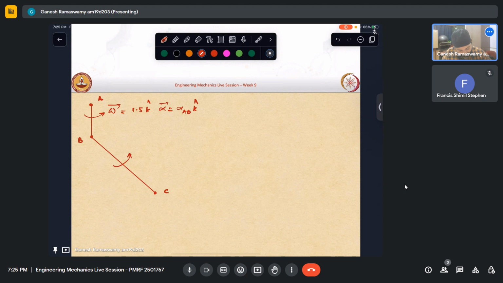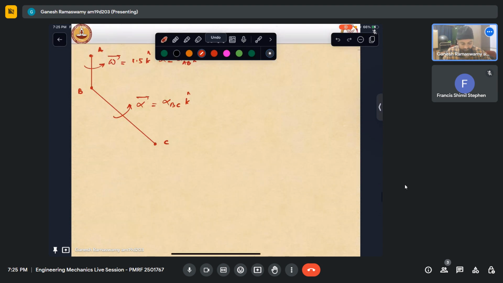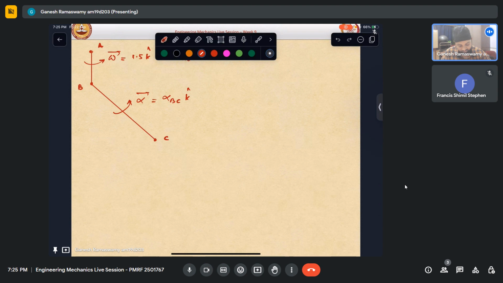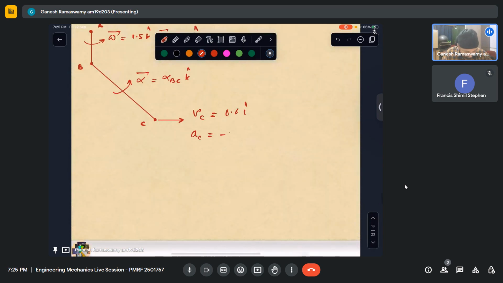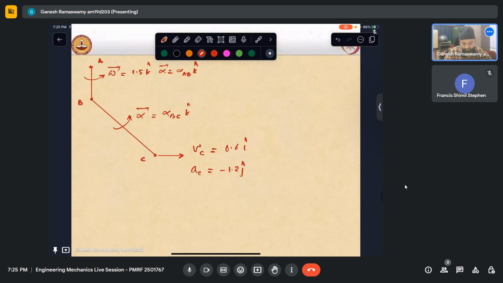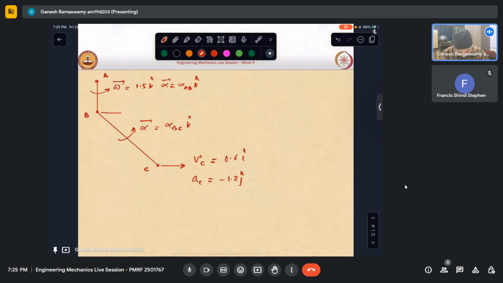This is having, let us say, alpha BC k cap, and having no angular velocity. Velocity of C is nothing but 0.6 i. Acceleration of C is, how much was that? Minus 1.2 j. Very well. And we also know velocity of B is nothing but 0.6 i cap.